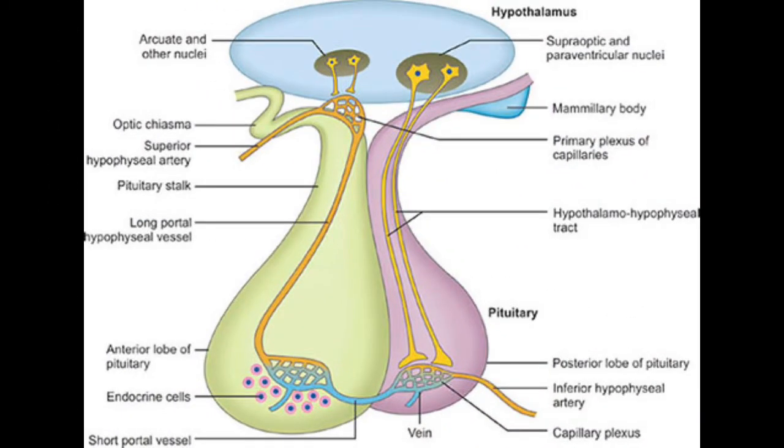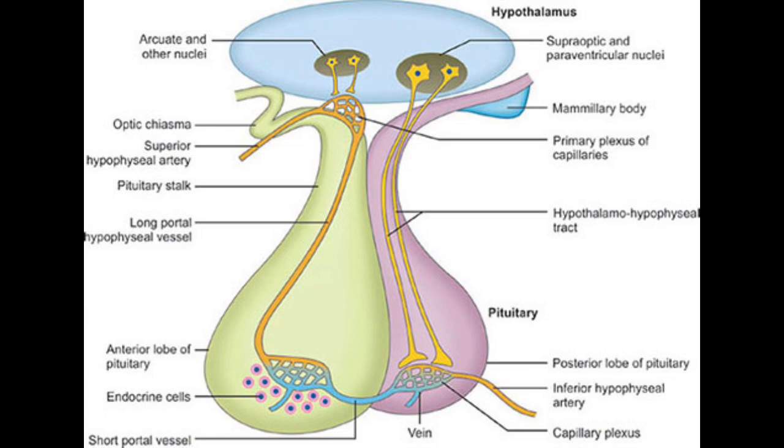The next thing we'll talk about is the relationship between the hypothalamus and the pituitary gland. Remember, the pituitary gland is connected with the hypothalamus through the hypophyseal or pituitary stalk. This relationship we call the hypothalamo-hypophyseal relationship.